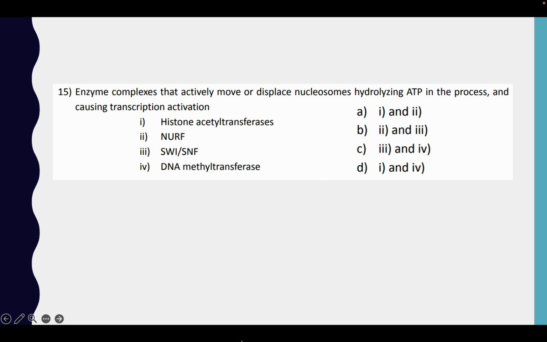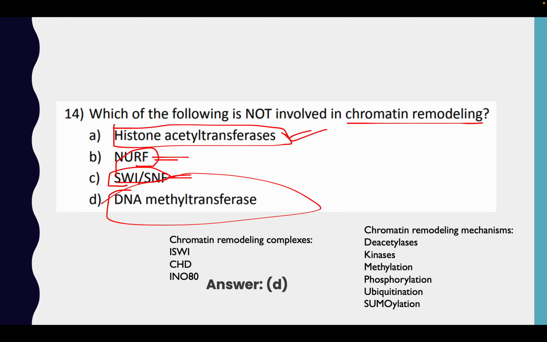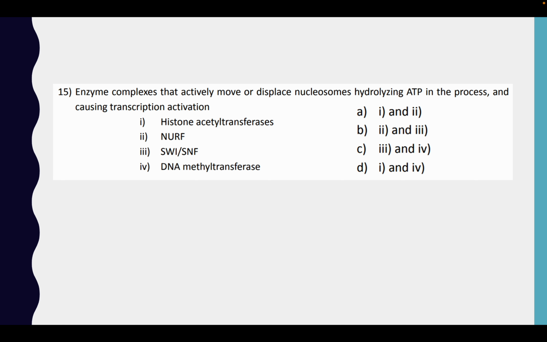Anyone? Option A? Option A, 1 and 2. Is it 1 and 2?